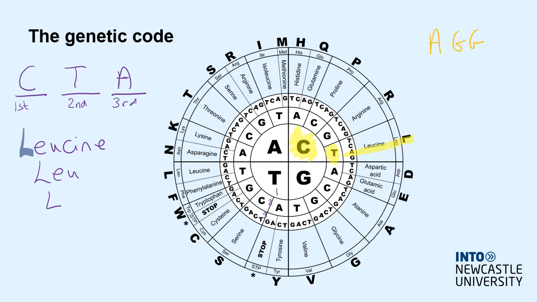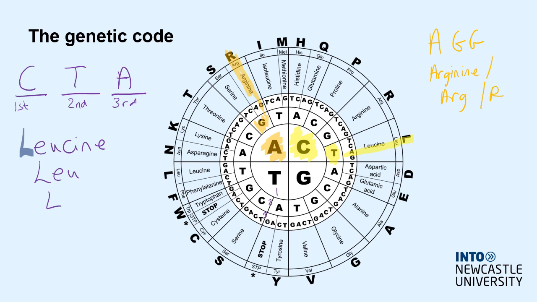So A, we're over here. G, we're here, and then the final G means we're here, and it tells us that the amino acid in this case is arginine, also known as ARG, also known as R. So you can use the information to tell you this.